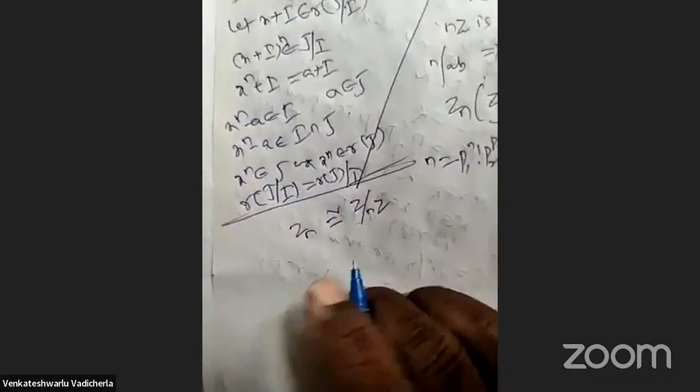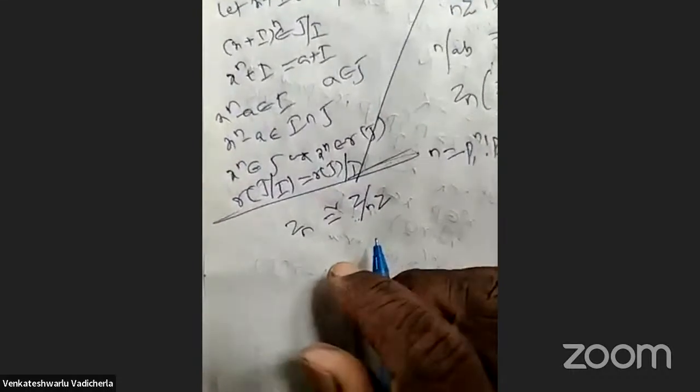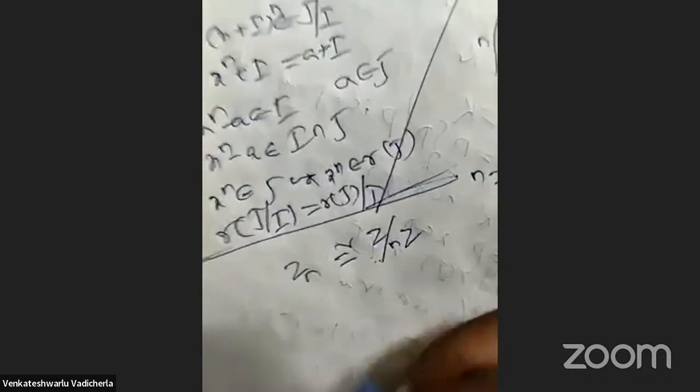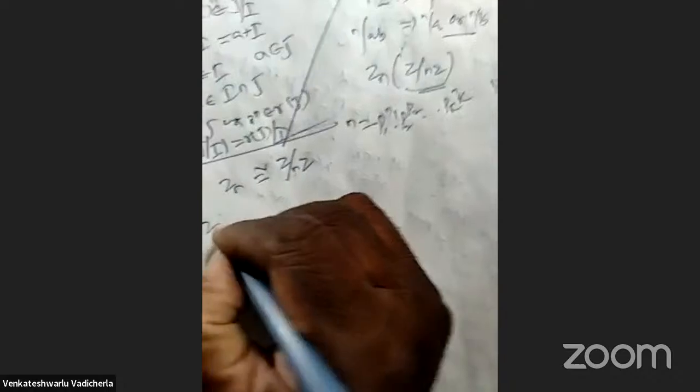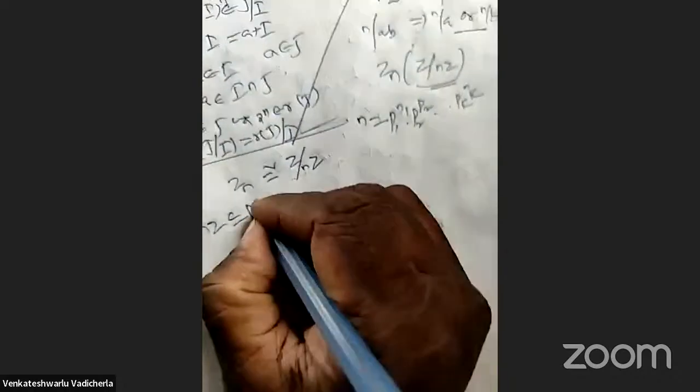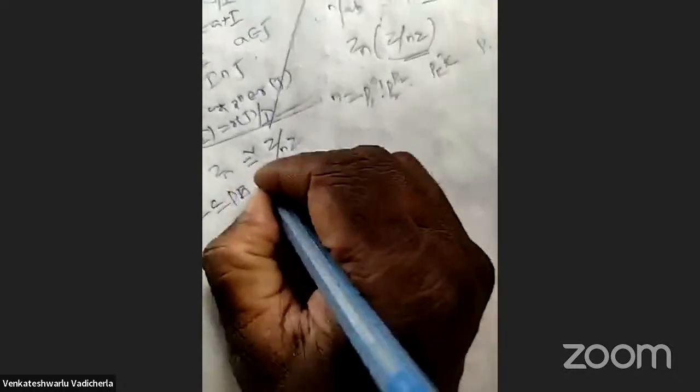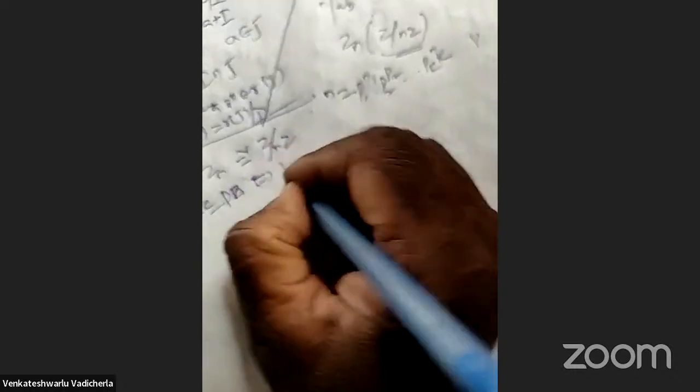Hence the prime ideals of Zn, corresponding to the non-zero prime ideals of Z containing nZ, are precisely the principal ideals generated by a prime number p, where nZ is a subset of pZ if and only if p divides n.